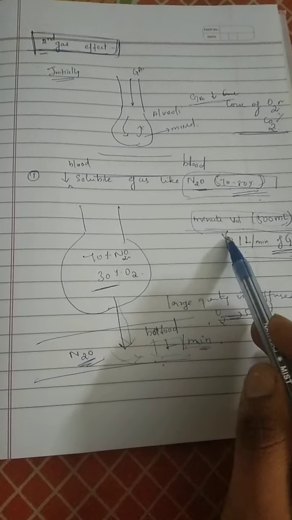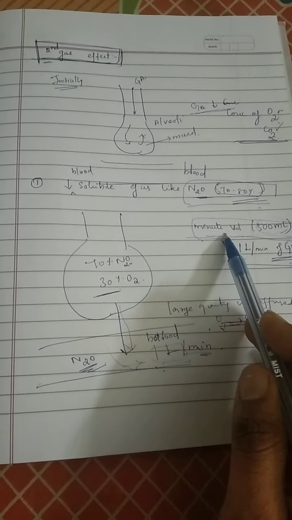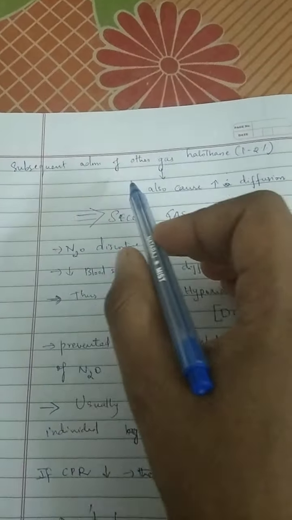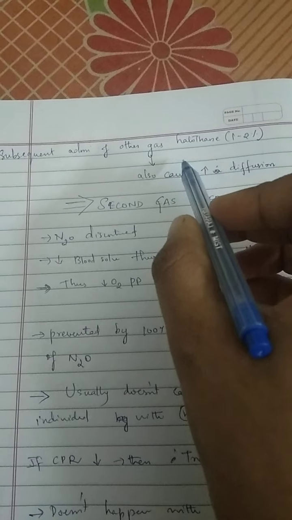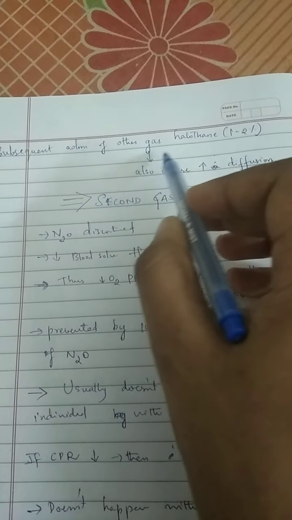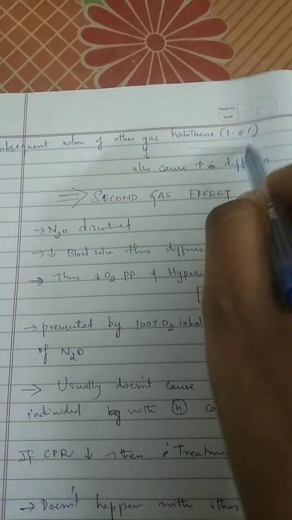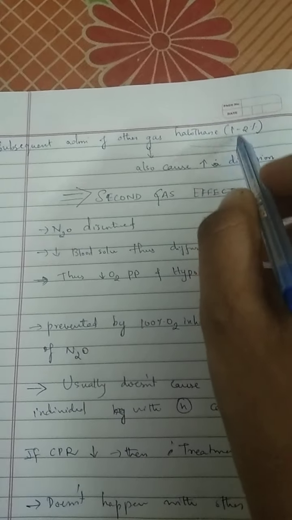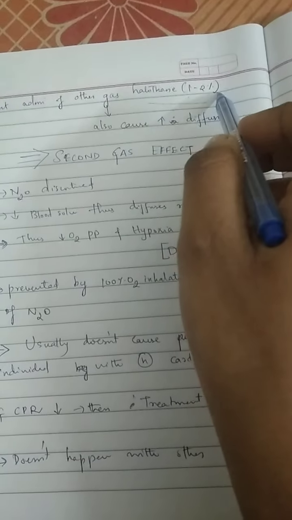Now let's see what happens and why it is called a second gas effect. Subsequently, you are administering another gas like halothane, which is usually given at a concentration of 1 to 2% only.